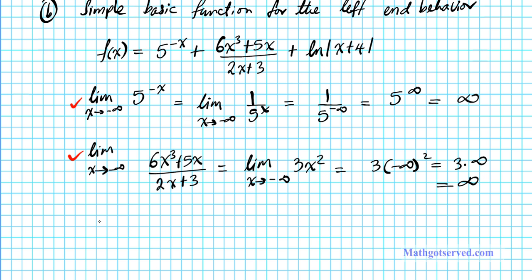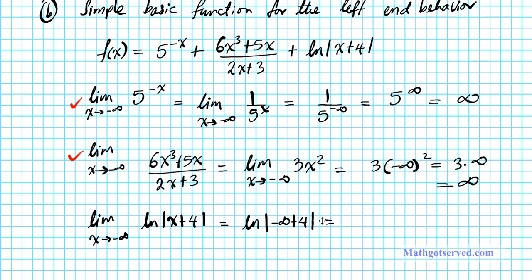Last but not the least, we're looking at the limit as x approaches negative infinity of the natural logarithm of the absolute value of x plus 4. Alright, so we can just substitute here. So we have the natural logarithm of the absolute value of negative infinity plus 4.